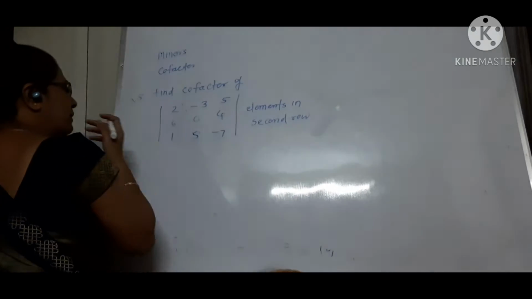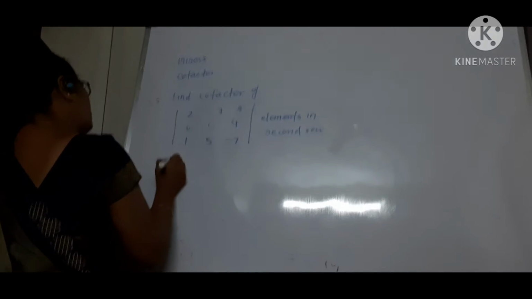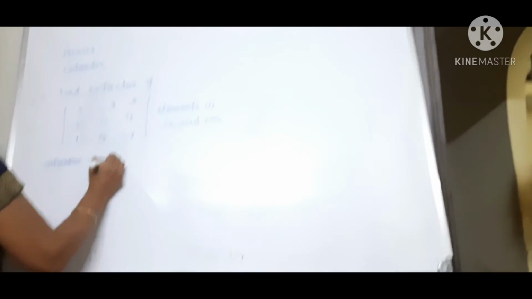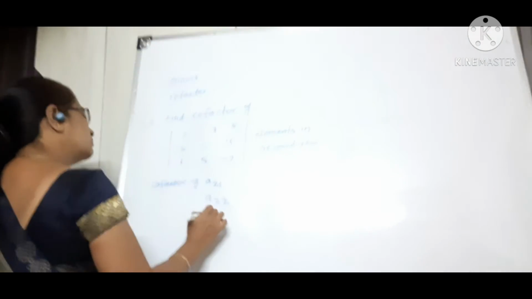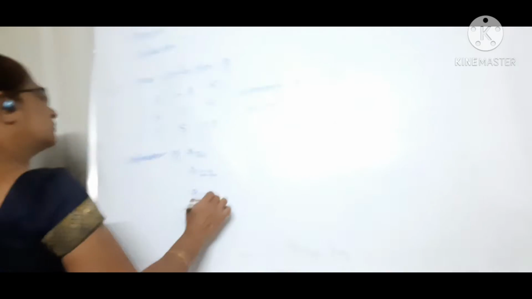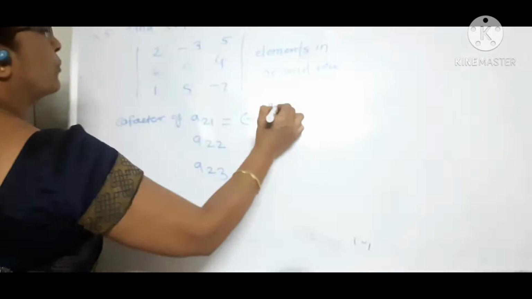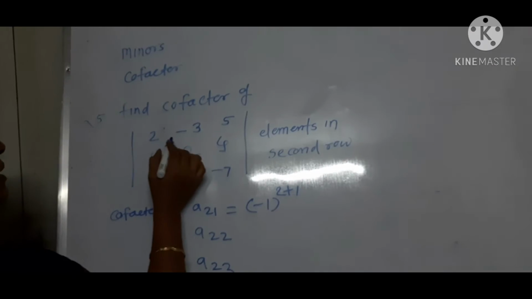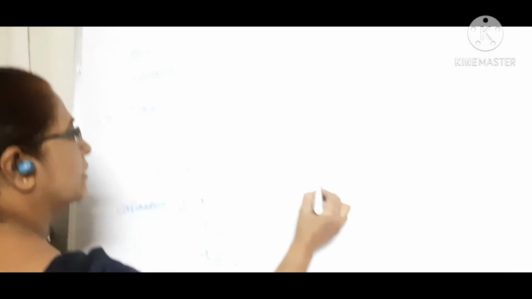So elements in second row means we have to find the cofactor of A21, A22 and A23. Okay. So A21, what is the formula? Minus 1 raised to 2 plus 1. Second row, first column. Eliminating second row, first column, which elements remain here?